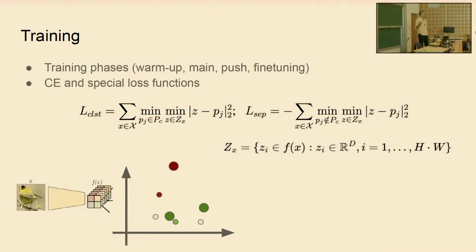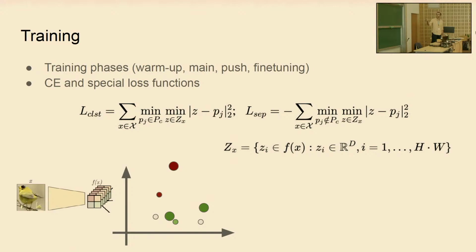Those are the big red dots. This X is from the green class, and this class has two prototypes. So we analyze all the representations of X patches and take the one which is closest to any of the prototypes of the green class.